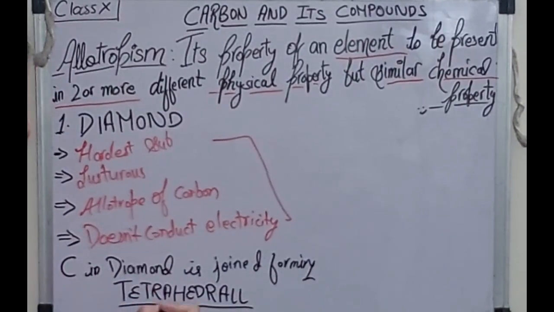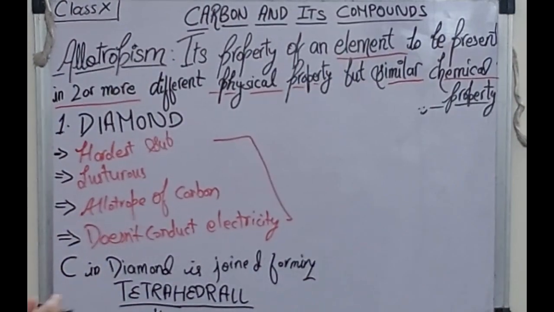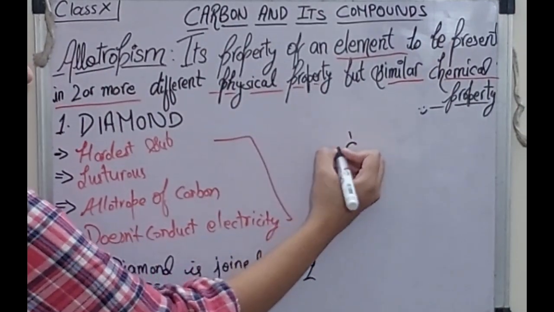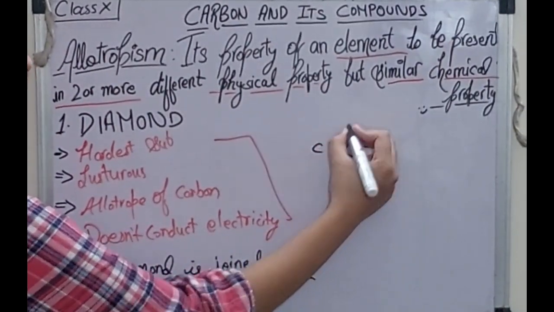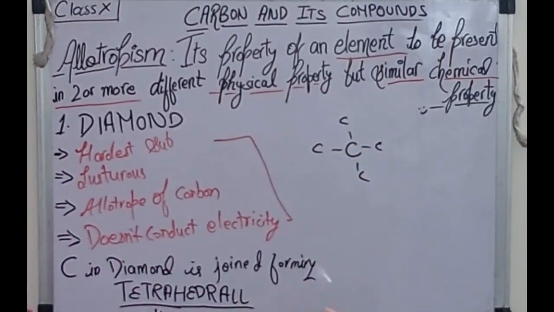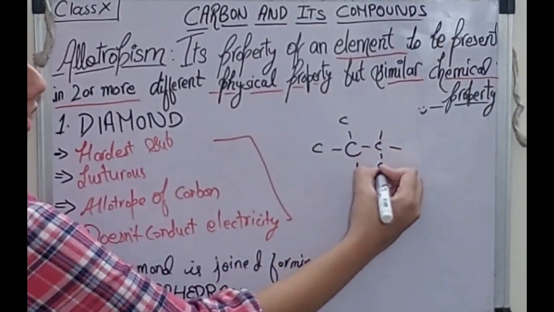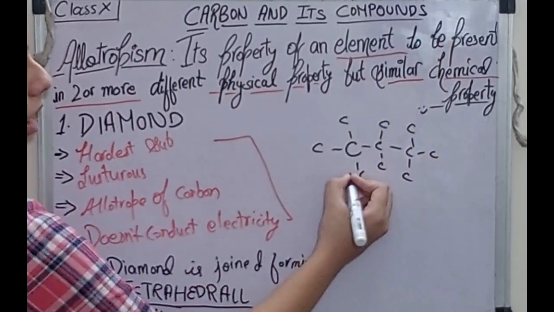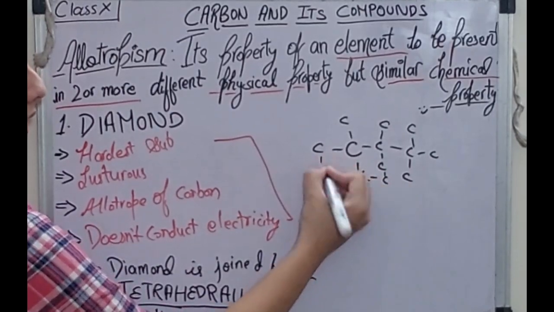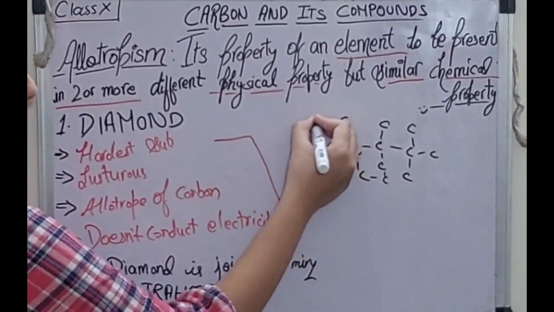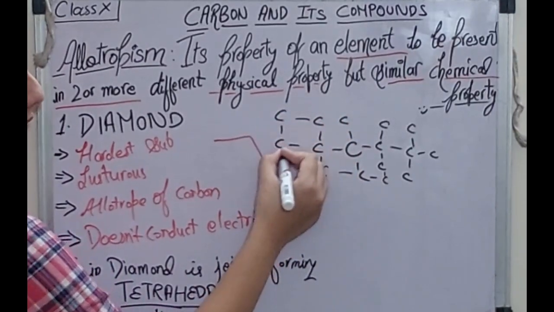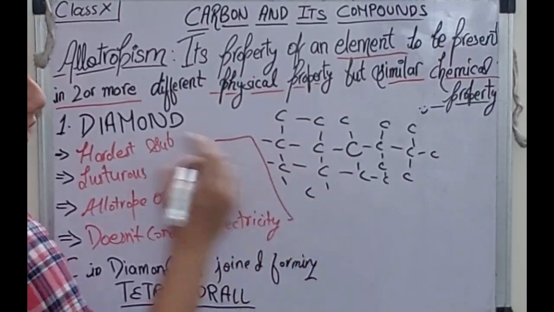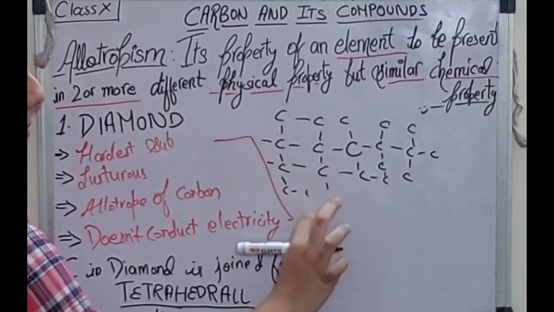Tetra means 4 and it's forming a structure with the help of 4. Let me try to draw it here. One carbon has 4 valencies. So it joins all its 4 valencies with carbon, then again with carbon, then again with carbon, and it forms something like this. Sorry for the bad drawing.